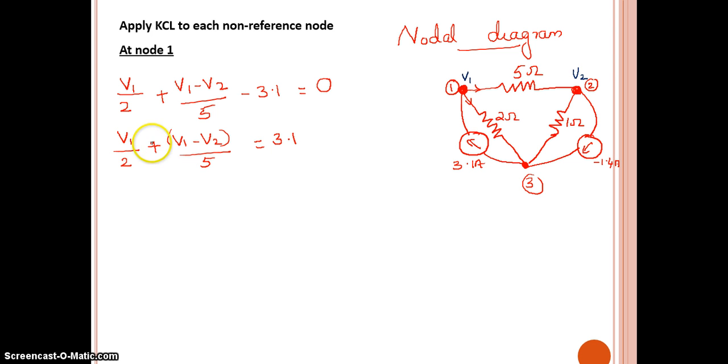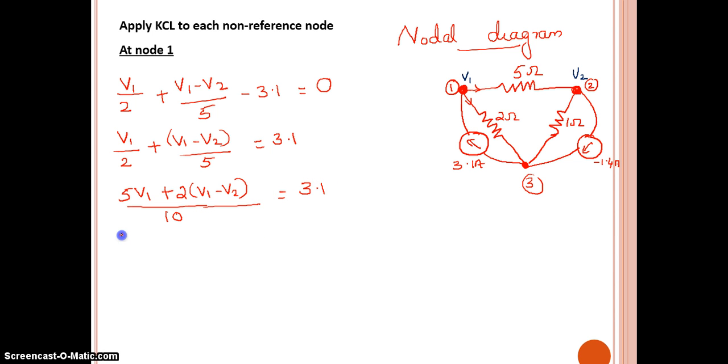Now, this equation is difficult to solve. So take the LCM and make it only one element, numerator alone. Take the LCM 5 into 2, 10. In 10, how many times 2? 5 times. So 5V1, simple mathematics. Now this is 2 times, 2 into V1 minus V2, equal to 3.1.